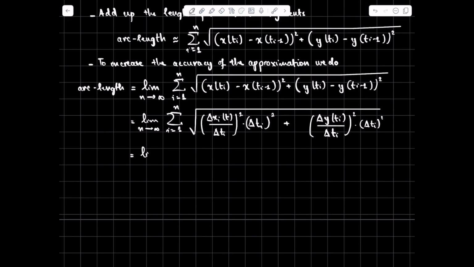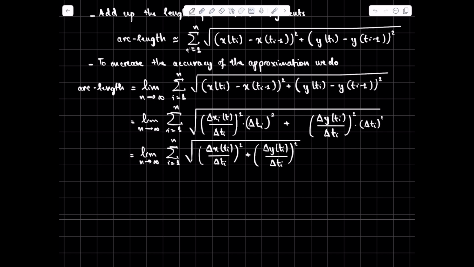Now the limit becomes the limit as n goes to infinity of the summation for i going from 1 to n of the square root of delta x of t sub i divided by delta t sub i, squared, plus delta y of t sub i divided by delta t sub i, squared.